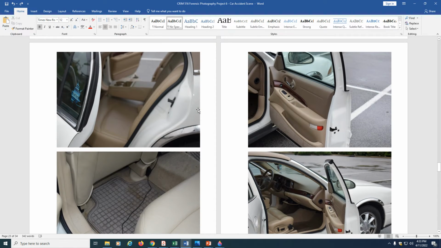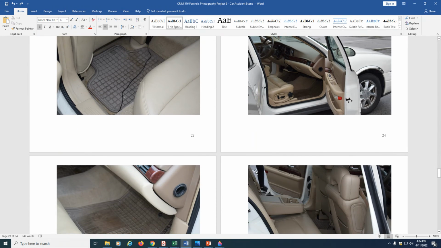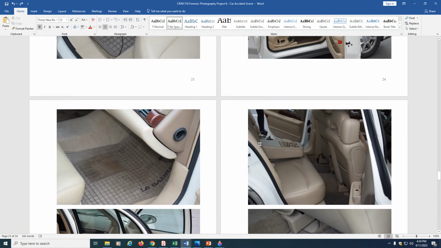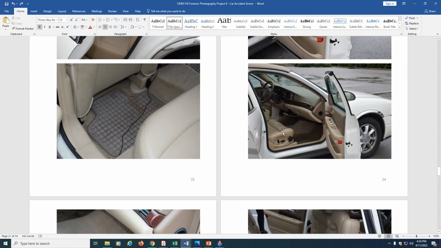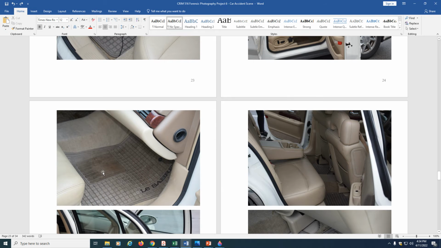So what I would have suggested normally would say, okay, instead of going to the front passenger side, I would have said or suggested going to the rear passenger side first. But we'll take it as is, right? Door panel, best you can, the seat, and then floorboard.